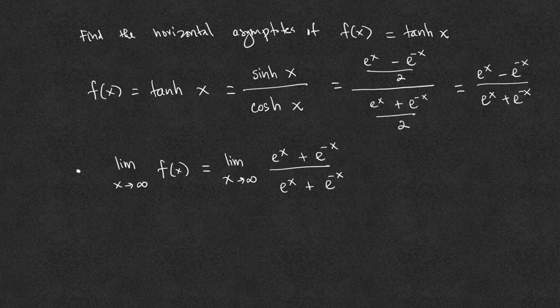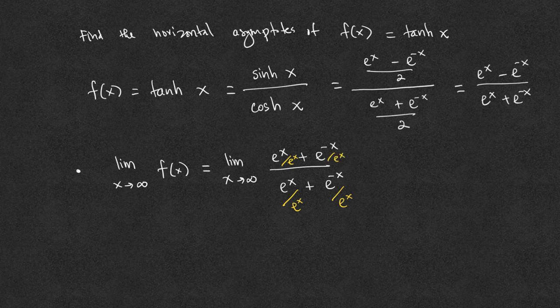Although this is not a polynomial function, we can use the same trick by dividing both the numerator and the denominator by the highest power in the denominator. And so we would divide every single term by e to the x.